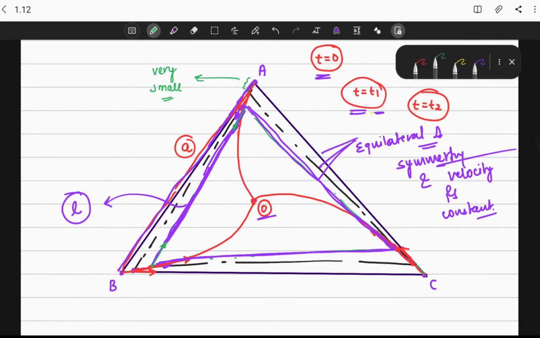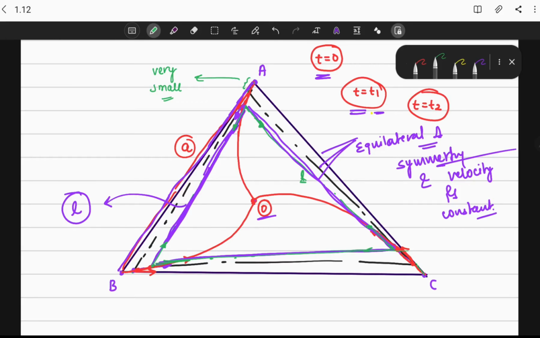Or, for the rate of change of length of this side, we need the velocity of B in this direction and the velocity of C in this direction.